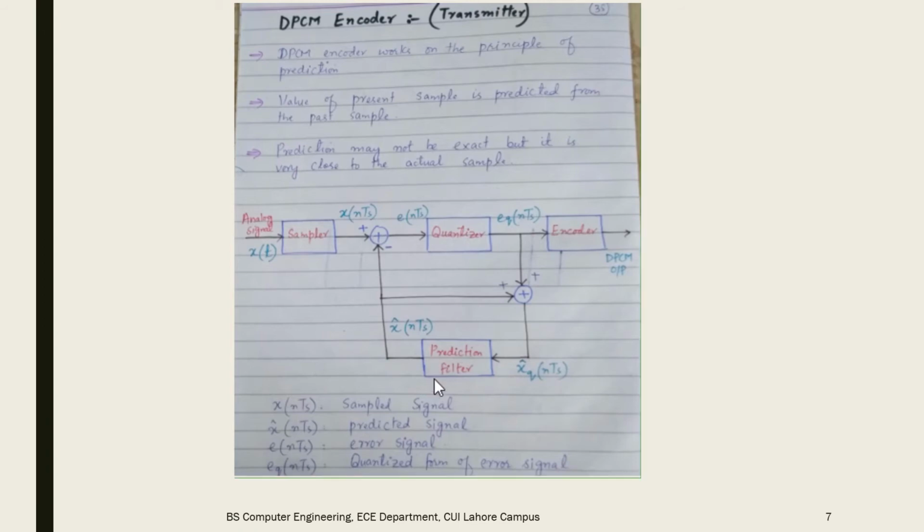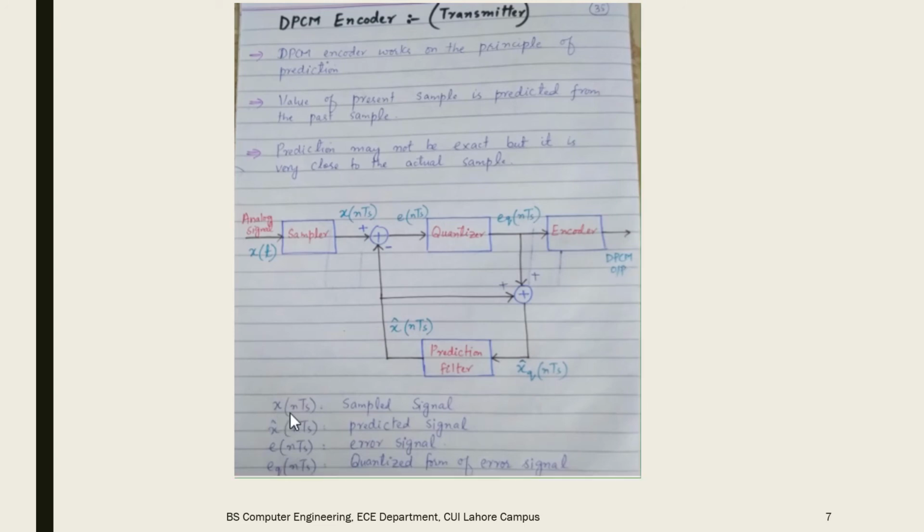Here we have the prediction filter, which is predicting the value. Now eq of nTs will be added to this predicted value, and then xq of nTs will be given as an input to the prediction filter. After this, the output is given to the encoder, and it results in the DPCM output.